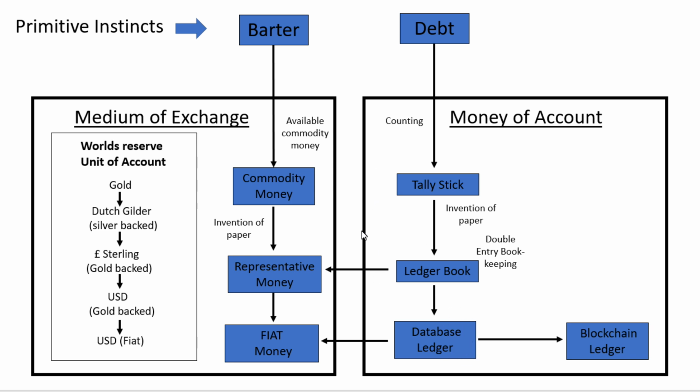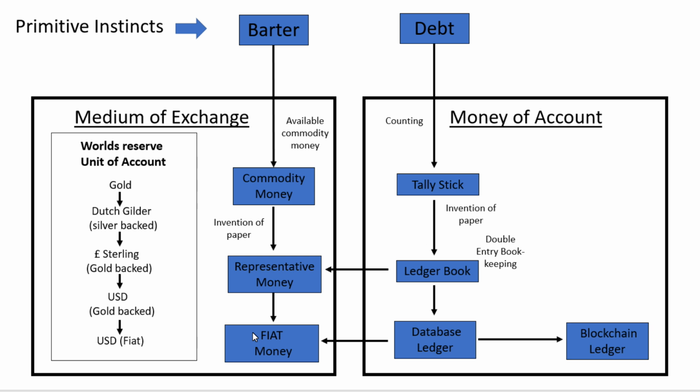And actually, whilst in primitive societies, the majority of money is commodity money, medium of exchange, in advanced large economies like we have today, the vast majority of money is actually money of account, which is debt stored on database ledgers, with fiat money, which is essentially just cash mostly, being quite the minority of the money in existence.